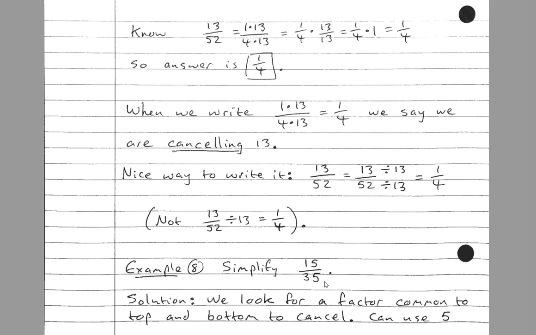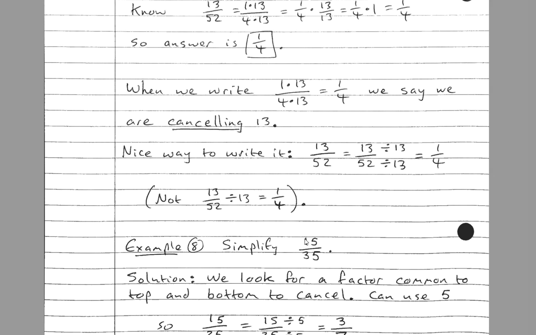All right, let's try that on this fraction, 15 over 35. So we want to simplify this as much as possible. Okay, we want to find an equivalent fraction with smaller numbers. Okay, we're looking for something to cancel. We're looking for a common factor in the top and the bottom.